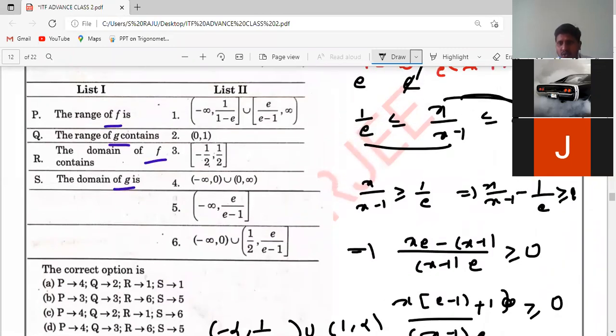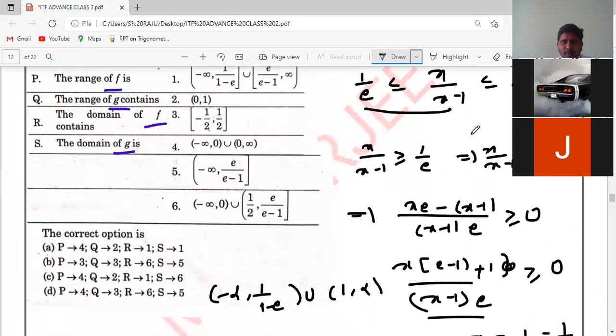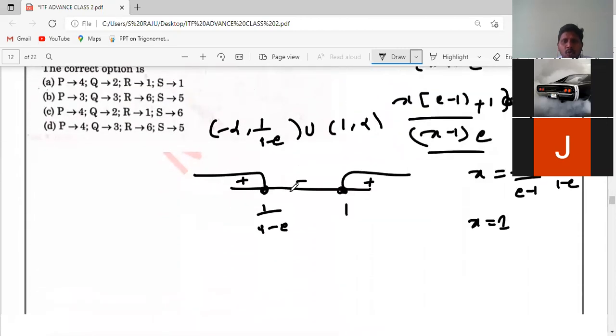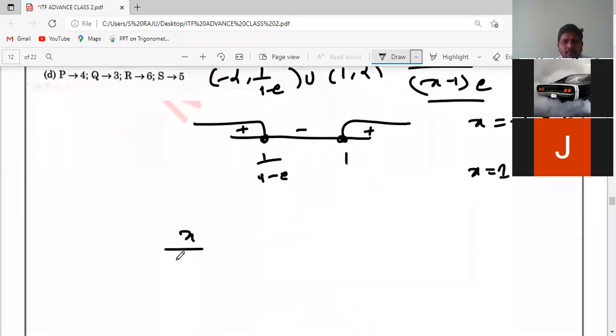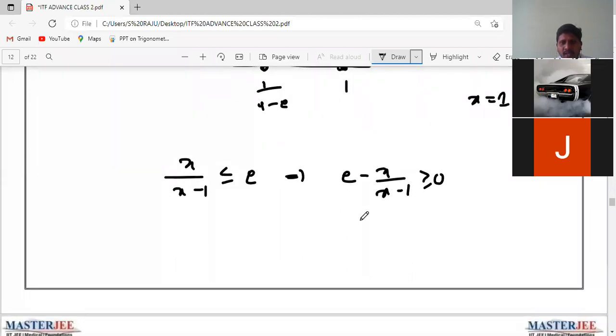In the same way, I compared the first and second. I want to compare the last two. When I compare the last two, just 2 minutes, students, I'm going to complete it. So x/(x - 1) is less than or equal to e. You can take it to one side: e - x/(x - 1) ≥ 0. Take the LCM: (e(x - 1) - x)/(x - 1) ≥ 0.